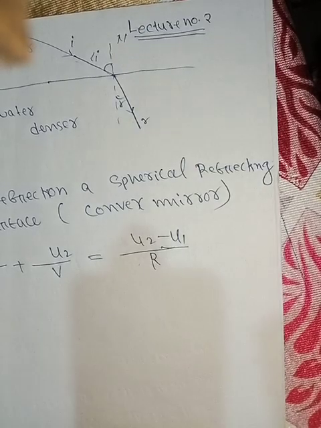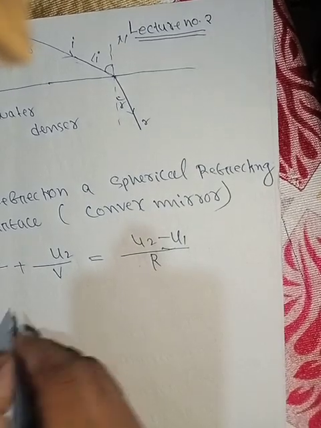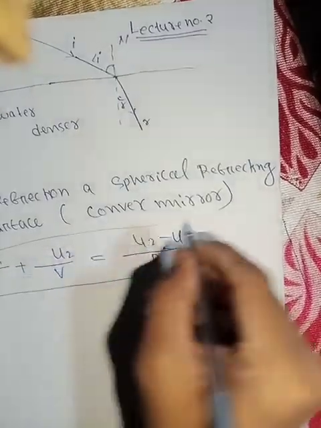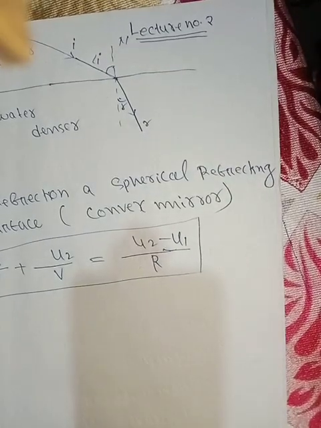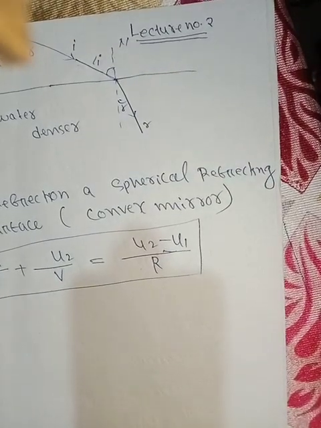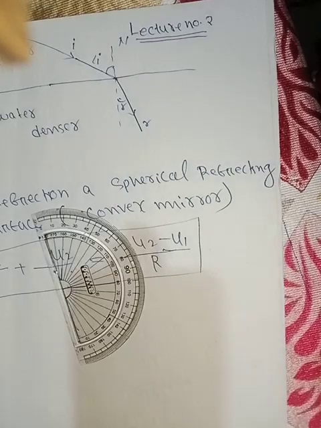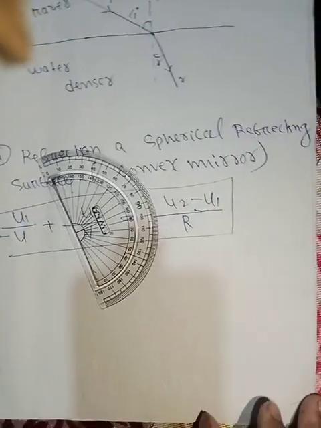Radius of curvature. To derive this crucial equation, we need a protractor with which I am going to draw a convex mirror.